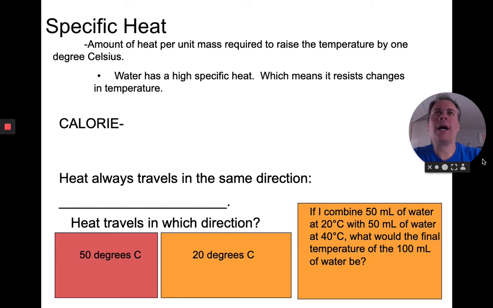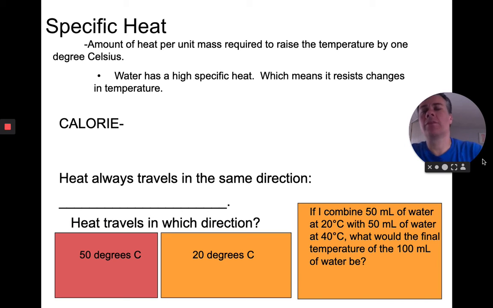It's also why cities and areas near the oceans typically have a milder climate, and don't have temperature fluctuations as much as inland areas, because the water that surrounds them is moderating their heat.